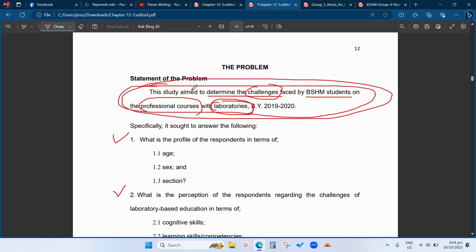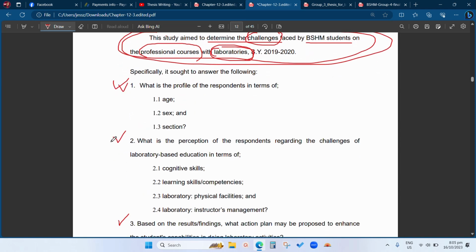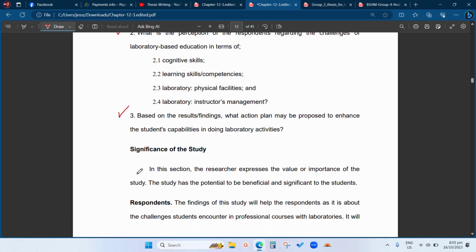Again, the main problem or the objective is to determine the challenges faced. They want to know what the challenges faced by the BSHM students on professional courses with laboratories are, with the backup of sub-problems here: the respondents' profile, the perceptions of the respondents regarding the challenges of laboratory-based education in terms of these 4 indicators, and number 3, based on the findings, what action plan may be proposed to enhance the students' capabilities in doing laboratory activities.